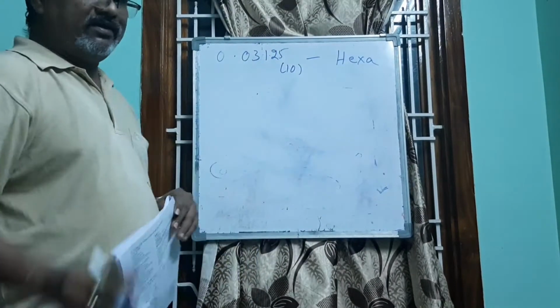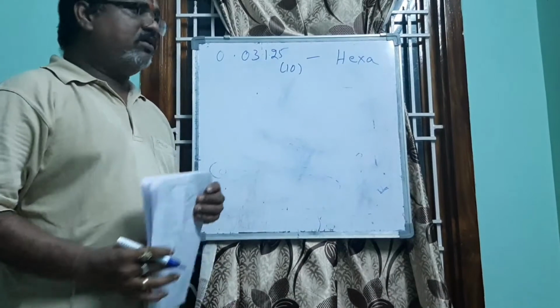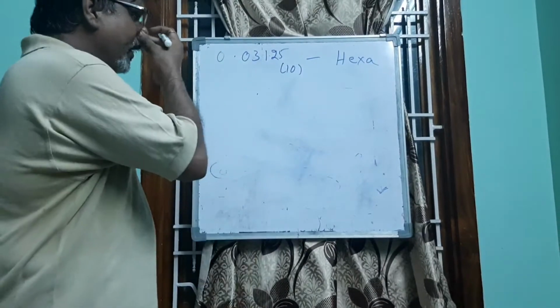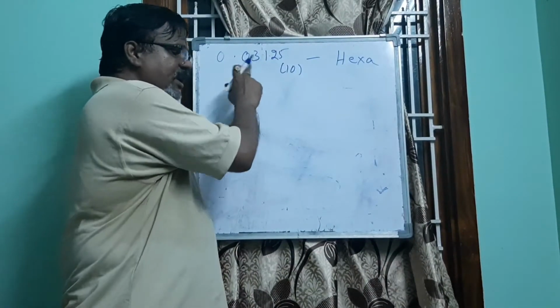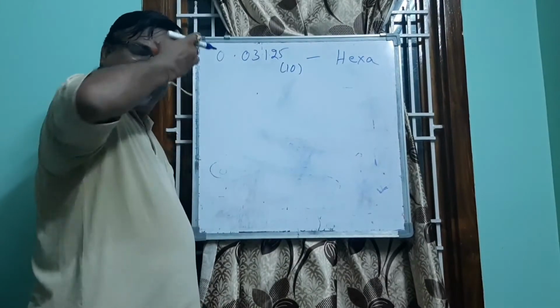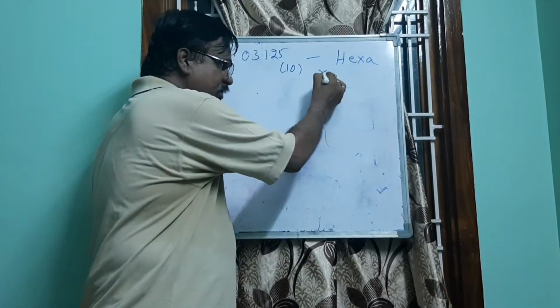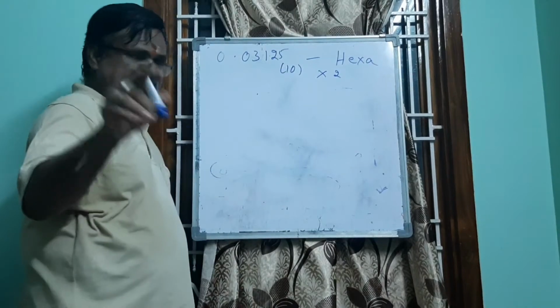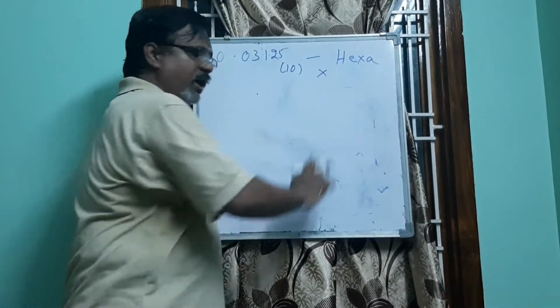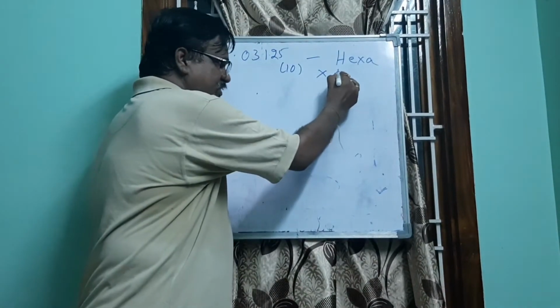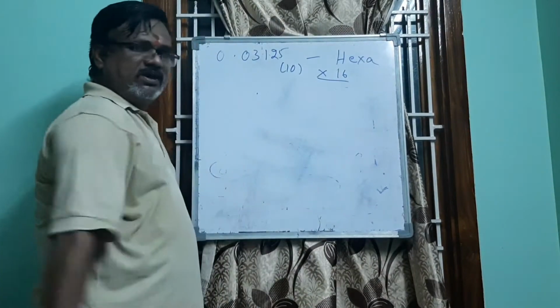So the given fractional decimal value to hexadecimal. Previously, converting a fractional decimal number to binary, we multiplied with 2. But here we are going to convert to hexa, that's why we are going to multiply with 16.